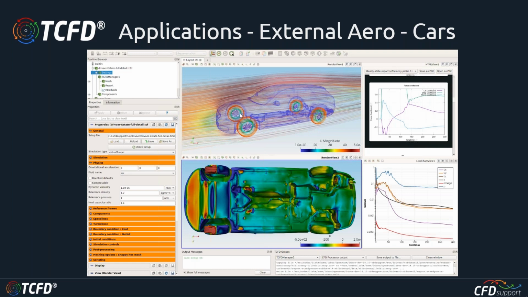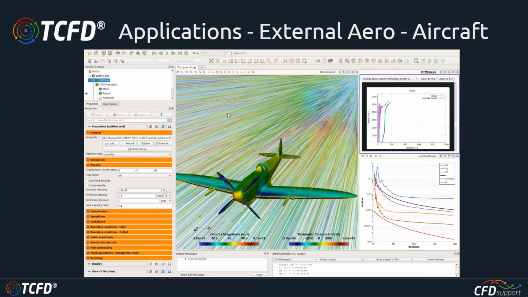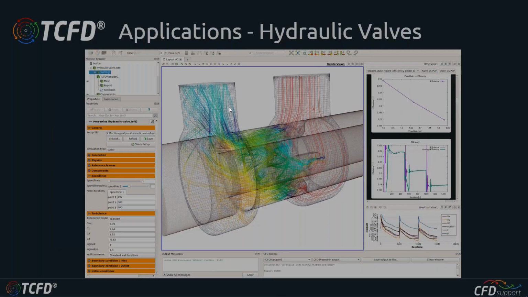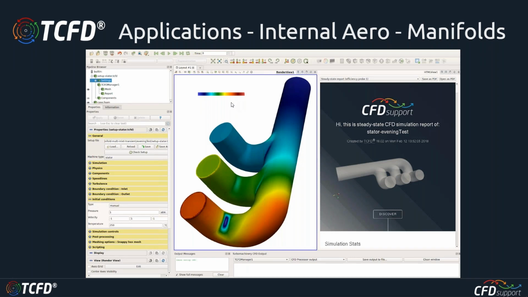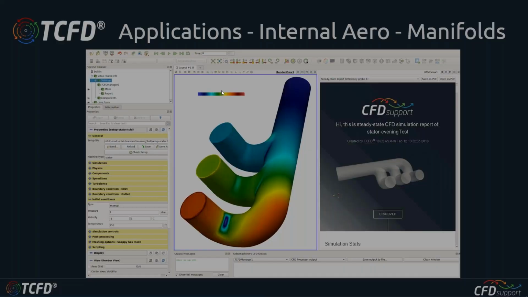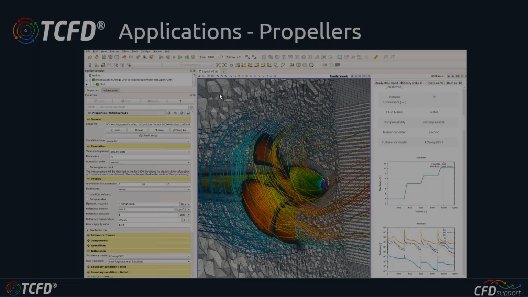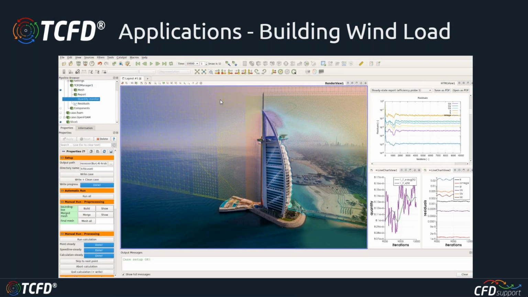Nowadays, TCFD also simulates internal aerodynamics, for example, hydraulic valves or various manifolds or piping systems. TCFD is also capable of simulating propellers and ship hydrodynamics, or lately, the wind loads acting on the surface of a building.